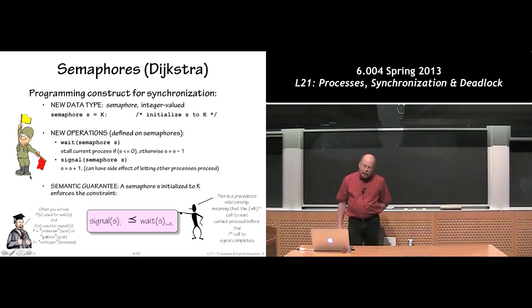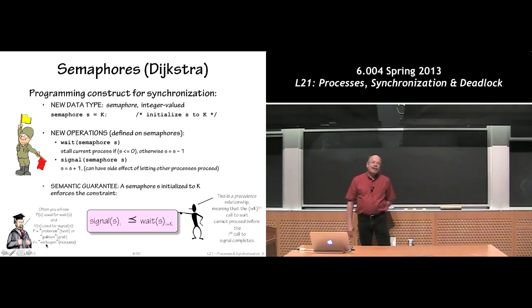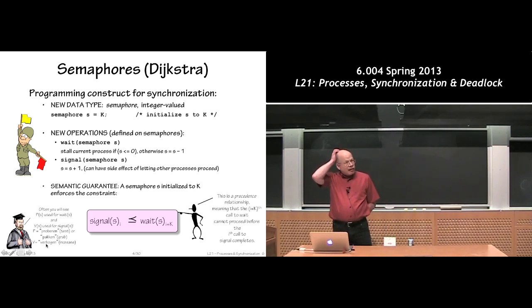You often see in the literature, wait and signal are called P and V, which stand for the Dutch words. You can see the Dutch words down here. This whole mechanism of semaphores, this data type used to synchronize communicating processes and to enforce precedence constraints, was invented by Edsger Dijkstra, a very famous computer scientist, at, was it ETH?